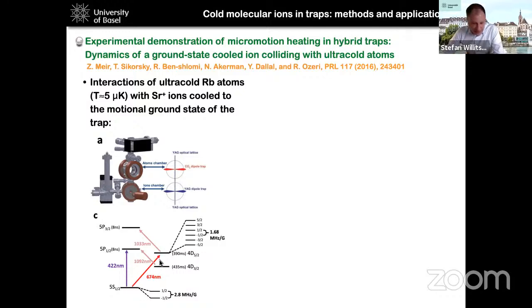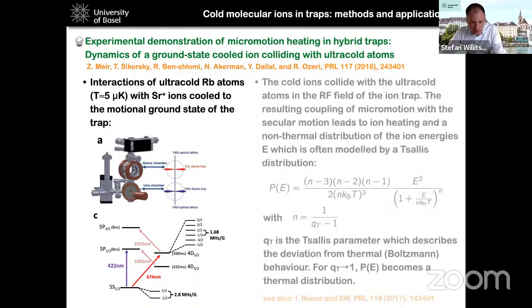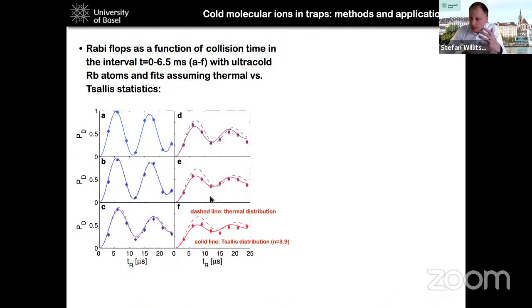These were spectroscopic experiments done in the resolved sideband regime, and they were looking at sideband transitions of this ion on these narrow transitions, driving Rabi oscillations. From the amplitude and the frequency of these Rabi oscillations, they could essentially work out the ion energy distributions in the trap after collisions with the ultracold rubidium atoms. And these were typical results that they got.